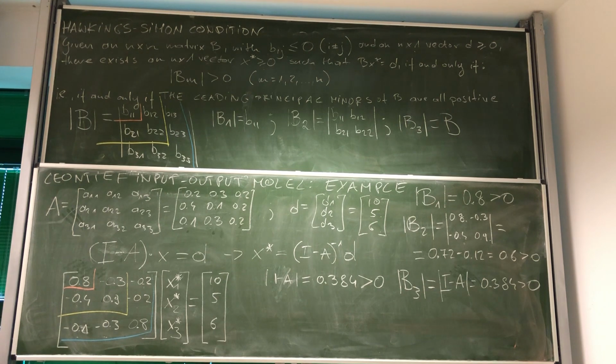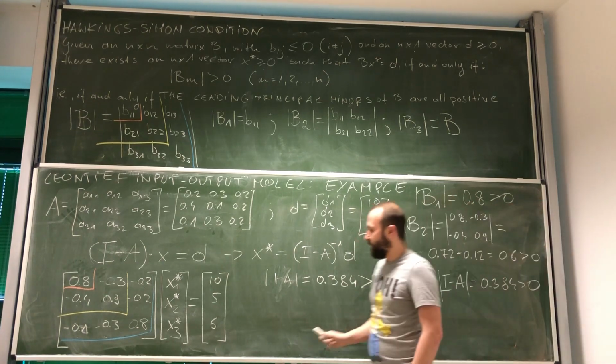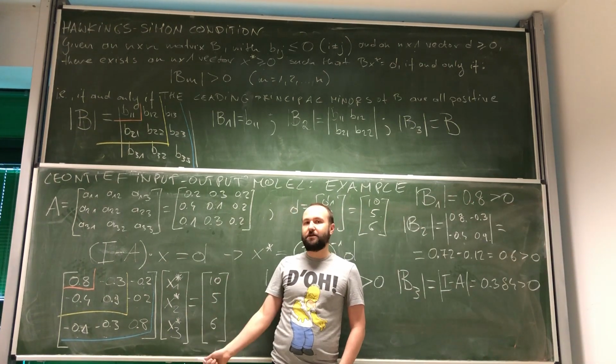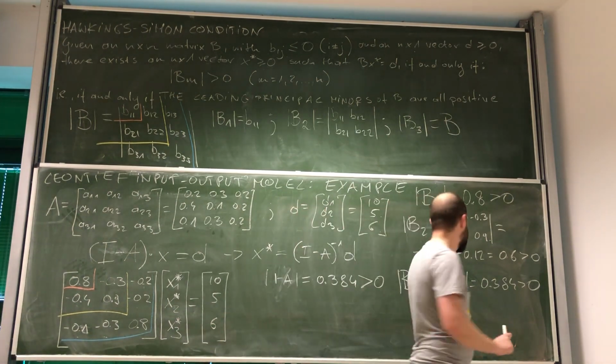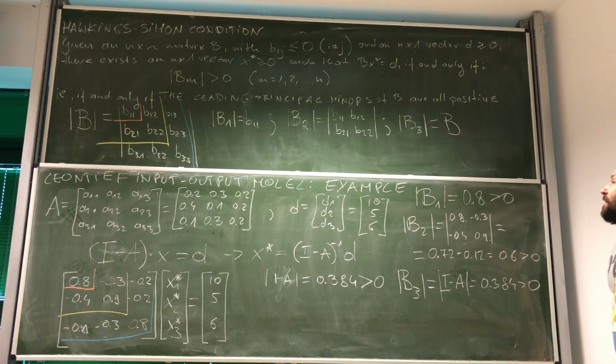So, because it's bigger than 0, we know that the Hawkins-Simon condition is met. And as a result, we know that not only solutions exist, but also they are positive, the way we want it.